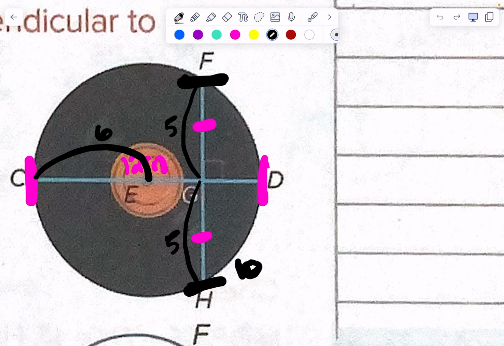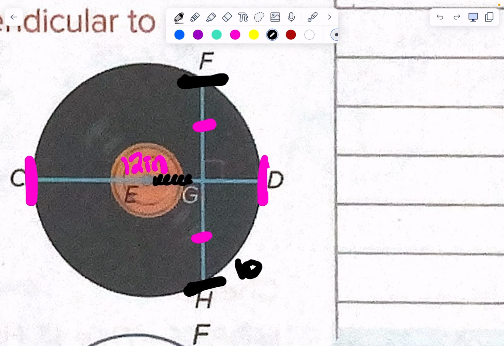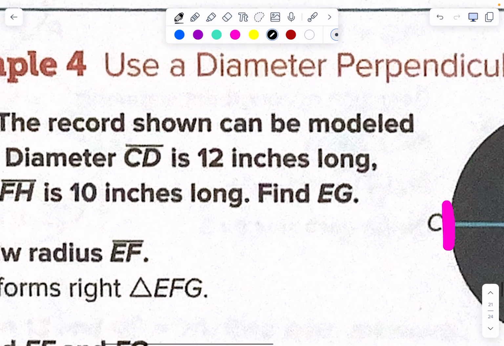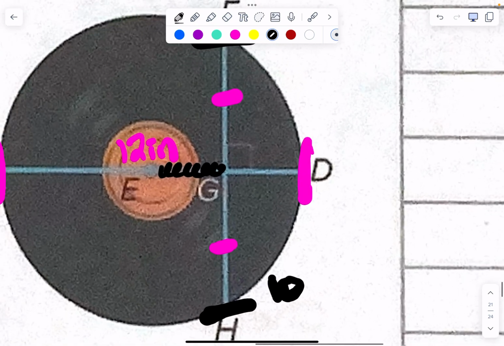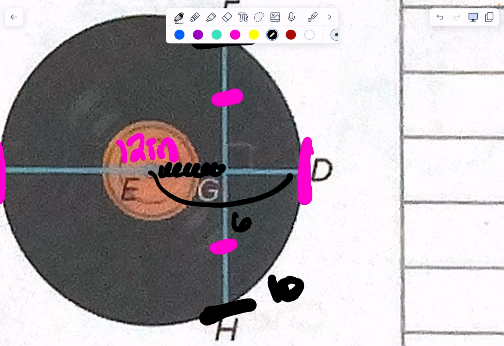They want to know EG. So if this is 6, does that mean that's 3 and that's 3? No. Not necessarily. Could be, but not necessarily. So what are we going to do?